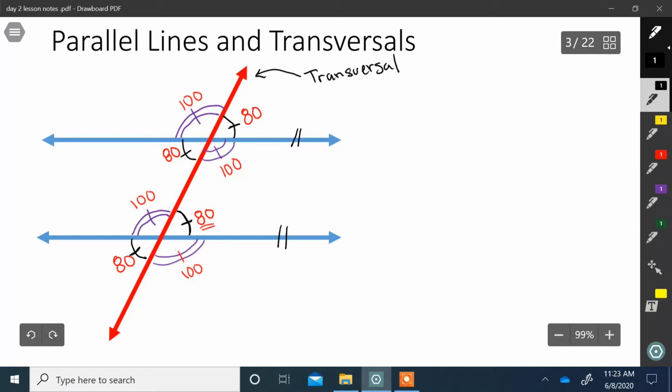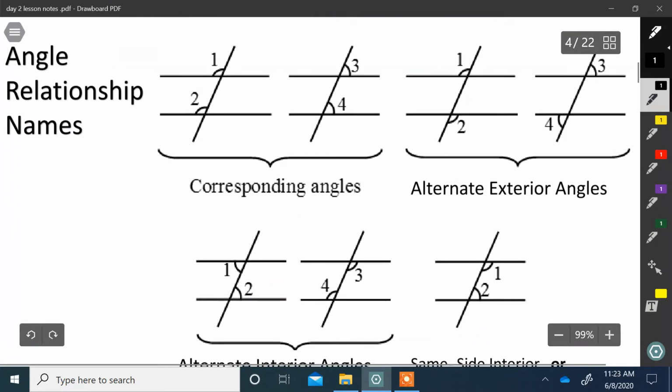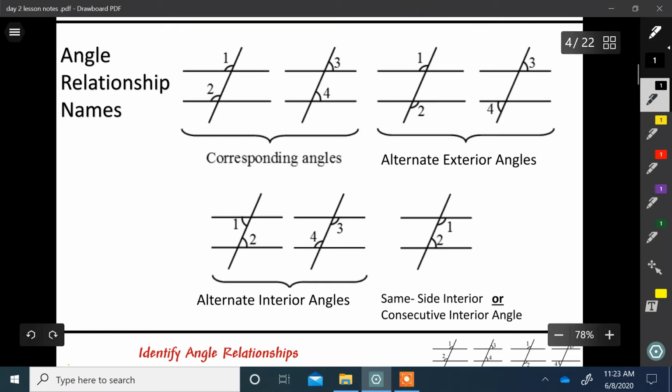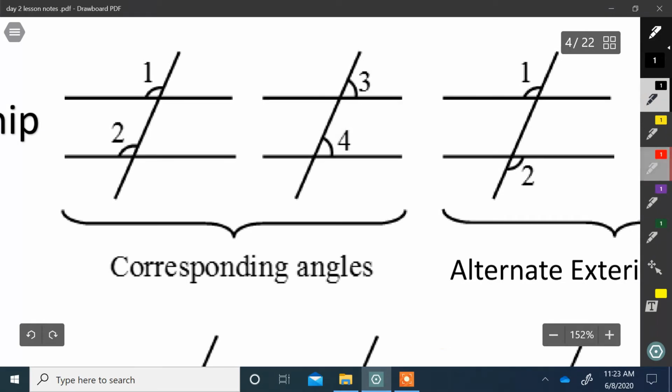Okay? All right. We're going to be a little bit more specific, and we're going to talk about the names that those have. They have special names for each one of those. As you can see, when you have a transversal and two parallel lines, these ones are called corresponding angles. And this one, corresponding angles.